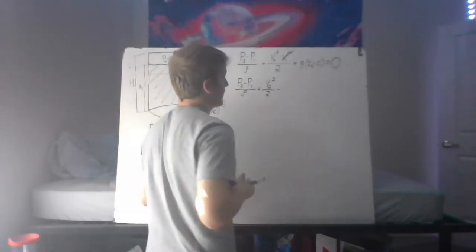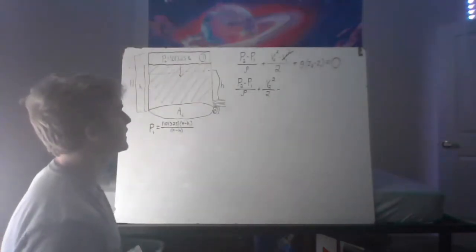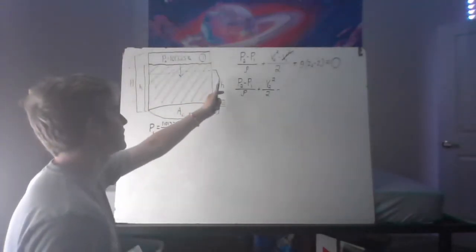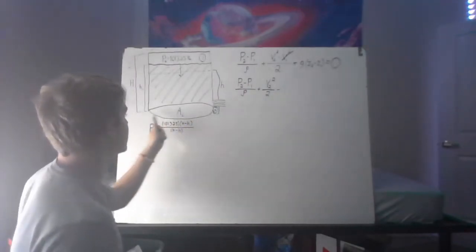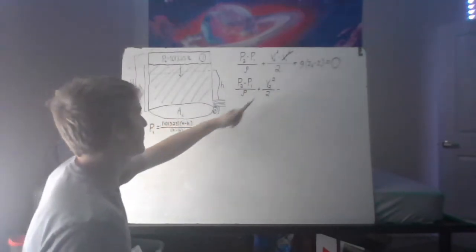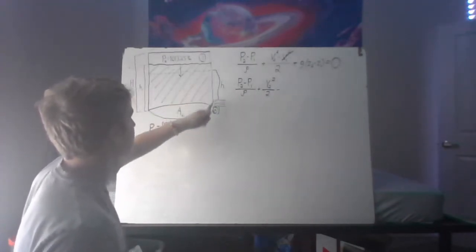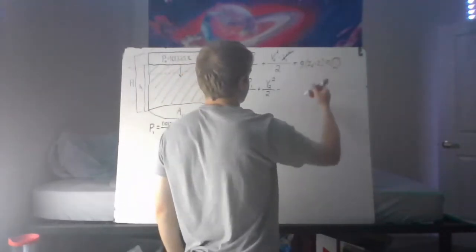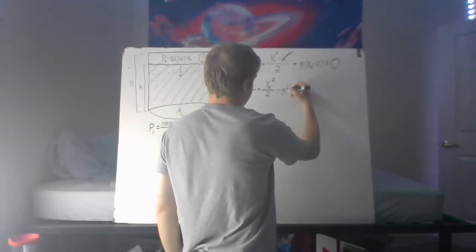Our Z2 minus Z1 is going to end up being just negative h, because our Z2 down here is 0, and then minus our Z1, which is the height of our liquid h. So it'll be 0 minus h, which is just negative h. So it'll be minus gh.